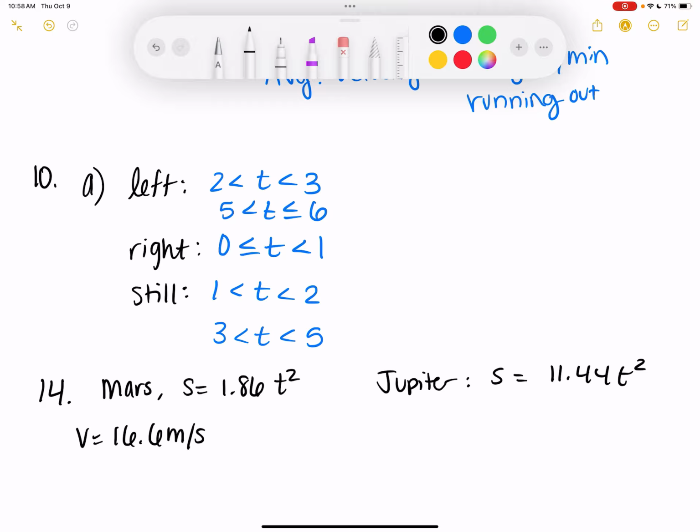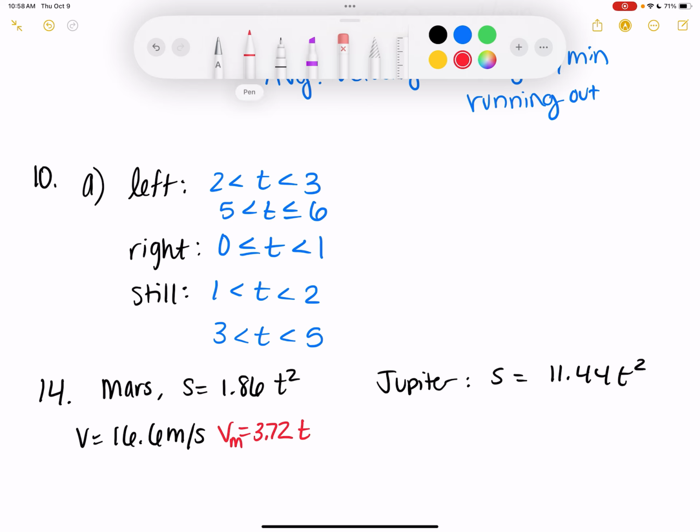So I need to first do that. To get velocity on Mars, I would need to take the derivative. That's going to give me 3.72 t. And then I'll go ahead and do it for Jupiter, and then we can solve.